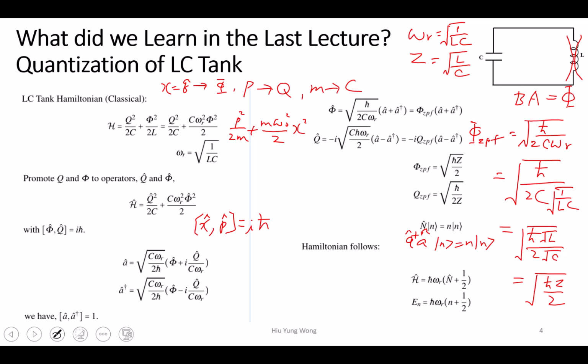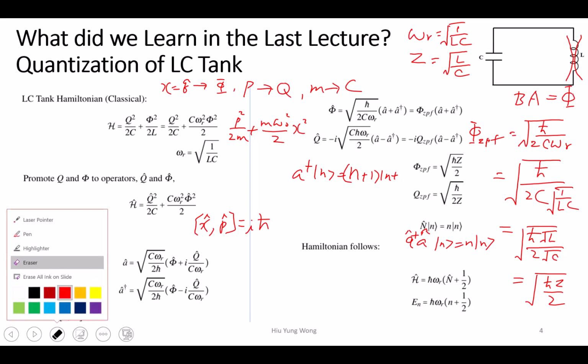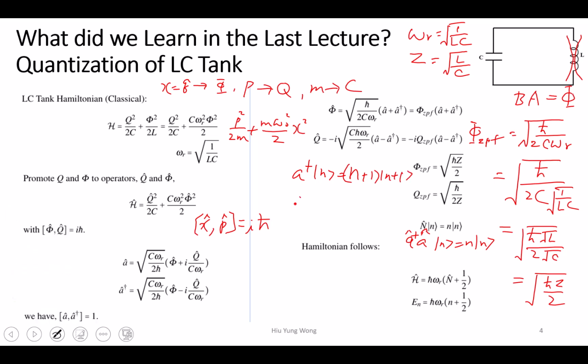A and A dagger still have the same function: A dagger operating on N gives me square root of N plus 1 times N plus 1, a higher state, and A operating on N gives me square root of N times N minus 1. I hope you caught my mistake when I wrote it. It still has the same function.